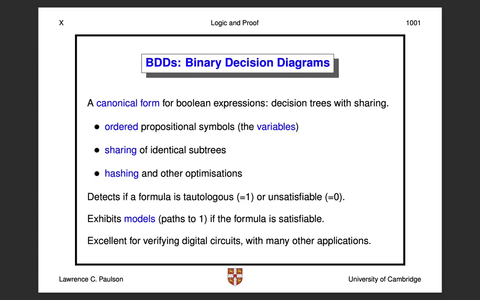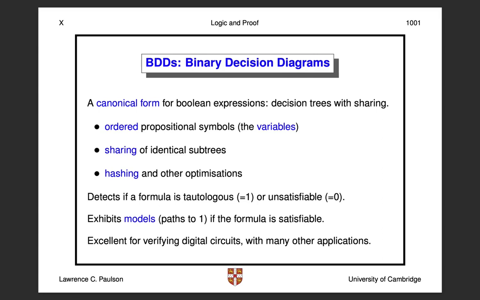Moreover, we insist that this data structure, while it is tree-like, is really a graph. We require identical subtrees to be eliminated by sharing, and we use other tricks to obtain better performance. Strictly speaking, if you're looking in the literature, you might see these described as OBDDs or even ROBDDs.